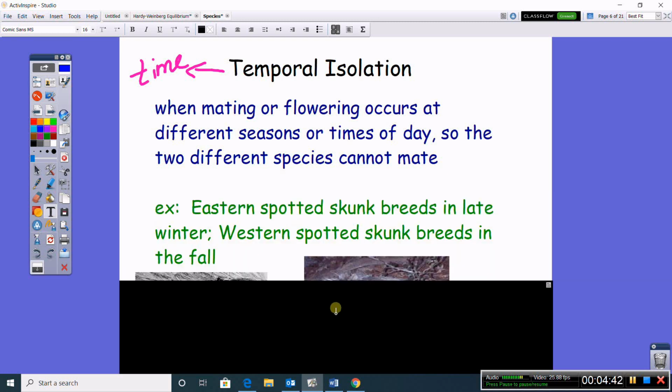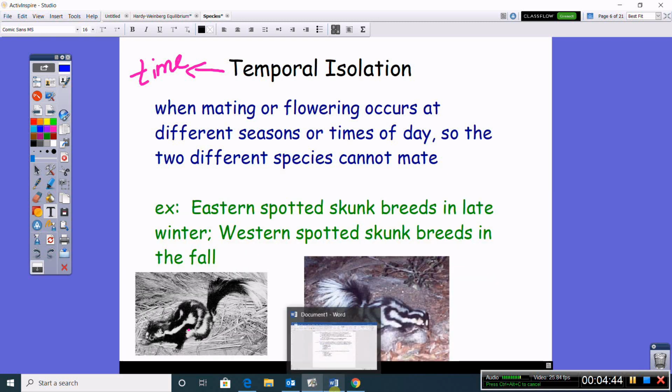The example that we have here is with the eastern spotted skunk and the western spotted skunk. The eastern spotted skunk breeds in late winter. The western spotted skunk breeds in the fall. Obviously they look pretty similar just when you're looking at them, so we know that they're closely related, but they are two different species.